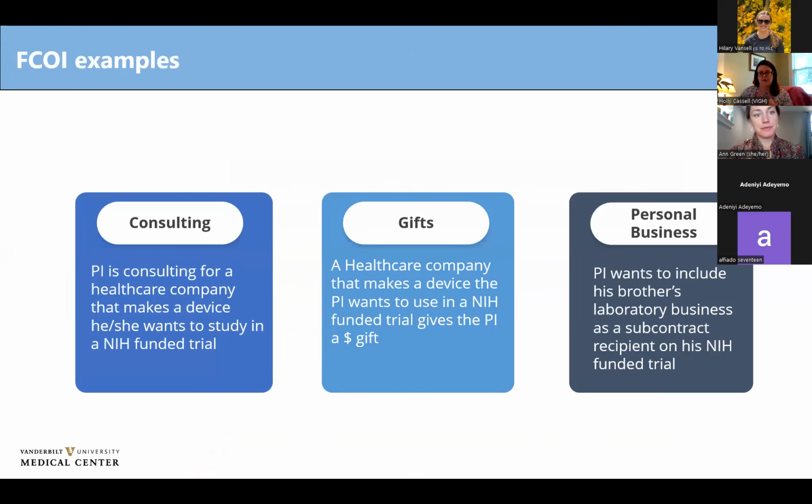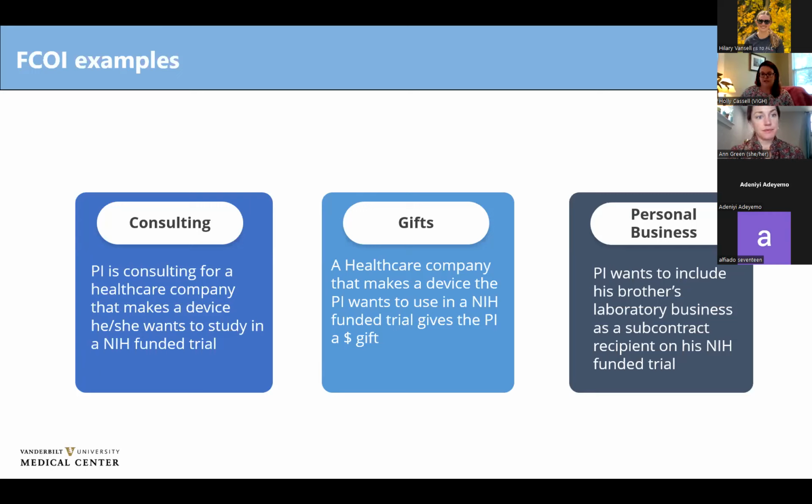So these are just some common areas where you'll find financial conflict of interest, where your PIs have received funds from various sources. So your PIs may do a consulting service or a speaking service. And the example that I've given is a PI is consulting for a healthcare company that makes a device he or she wants to study in an NIH funded trial.